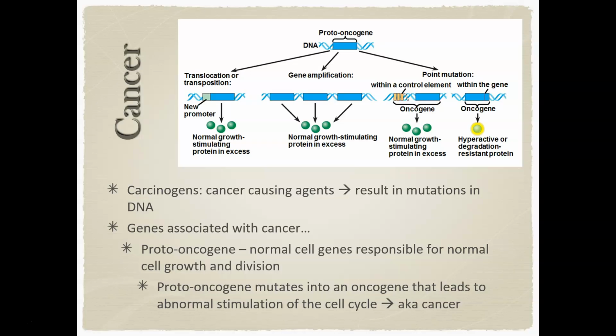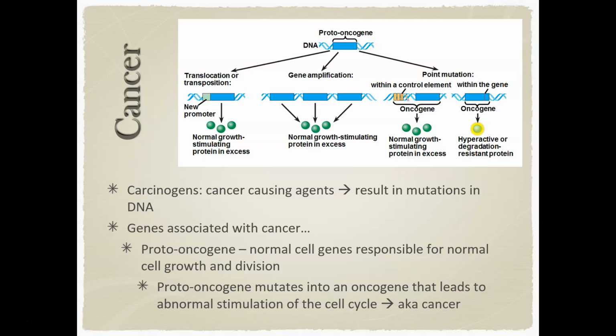And proto-oncogenes are actually a good thing. Their job is to create these growth factors. And so long as they're doing their job appropriately, they will help to be part of that cycling of concentration of those growth factors to get us through the cell cycle correctly.